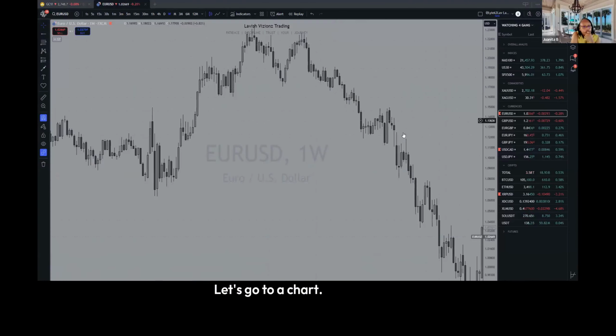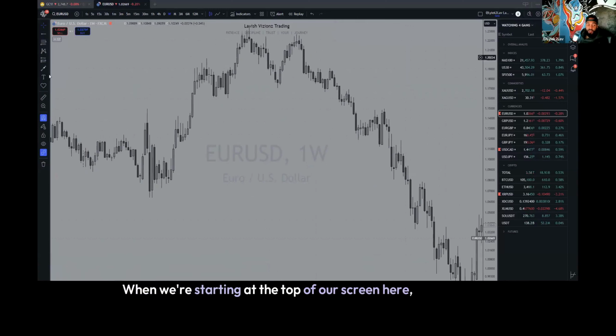Let's go to a chart. A downtrend. When we're starting at the top of our screen here, we can see as we move to the right from point A to point B, price got lower.